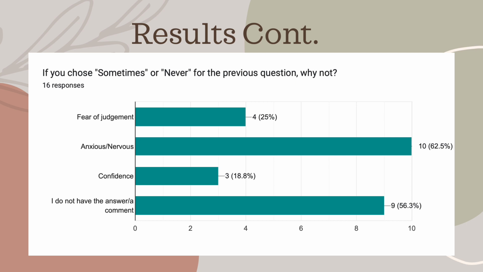So the lowest were fear of judgment and confidence, and the highest were being anxious and nervous or not having the answer or a comment to say throughout the process.